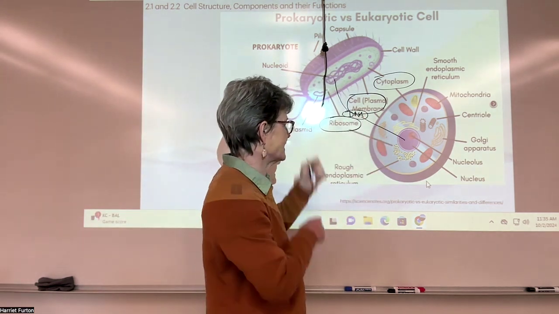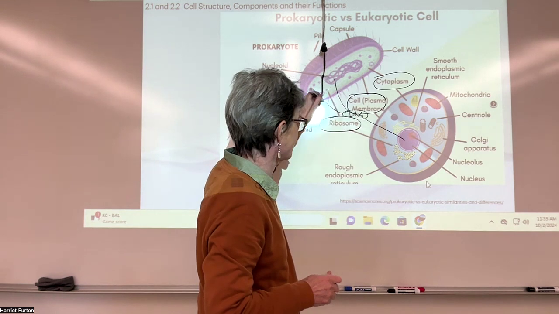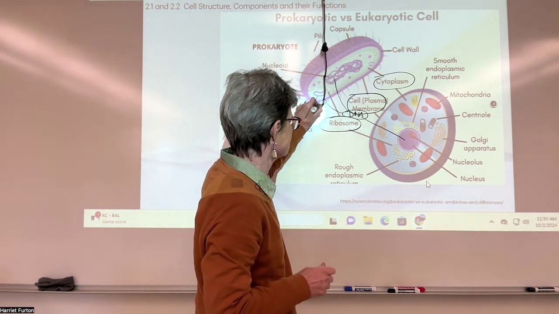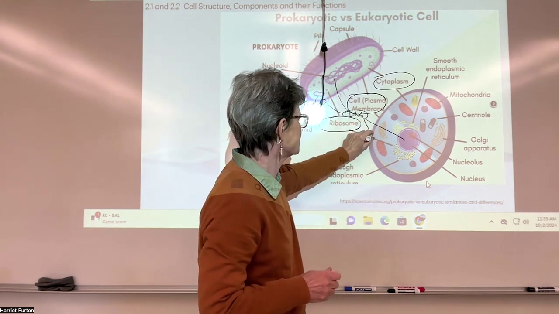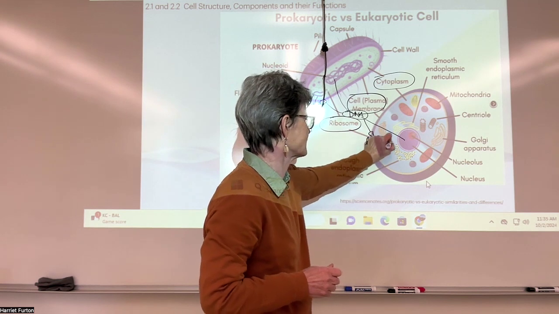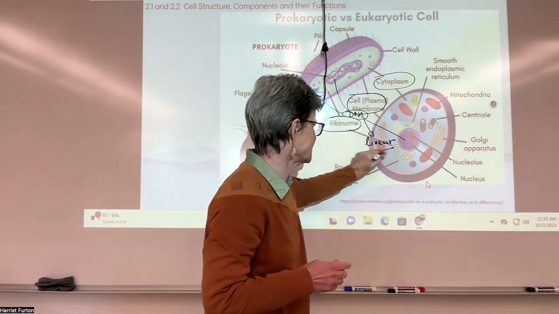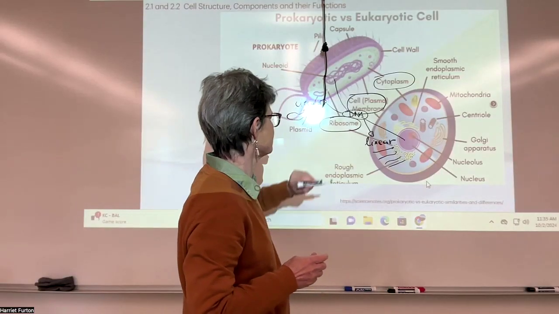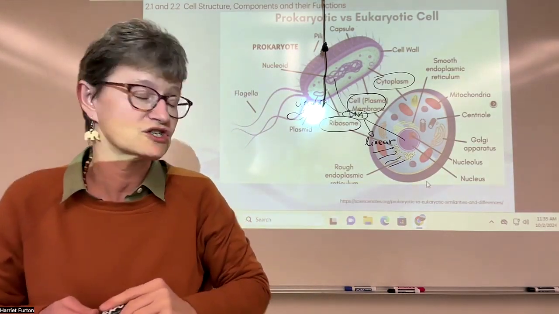On the other hand, the DNA for the prokaryotes is circular, and for the eukaryotes it is linear in structure.